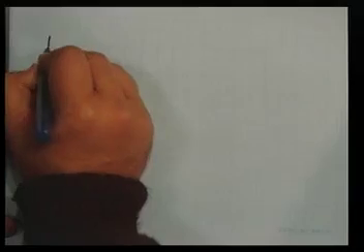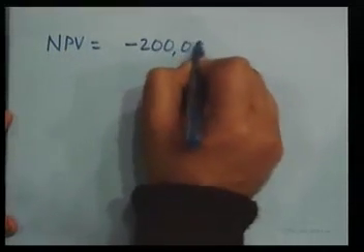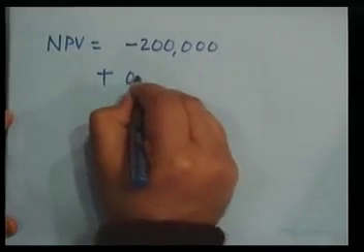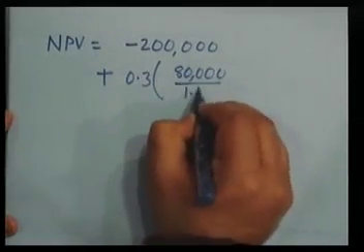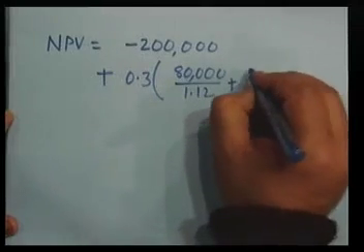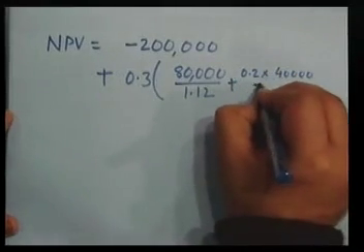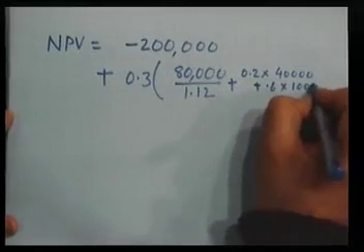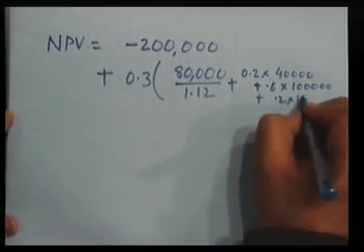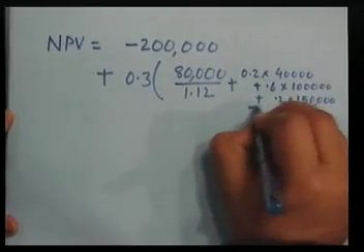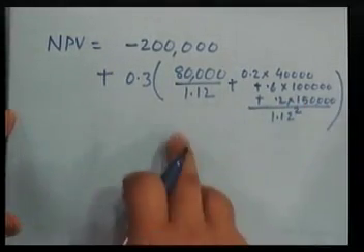The net present value would be minus 200,000 plus 0.3 into 80,000 divided by 1.12 plus 0.2 into 40,000 plus 0.6 into 100,000 plus 0.2 into 150,000 divided by 1.12 raised to power 2. So, this is from the first node.